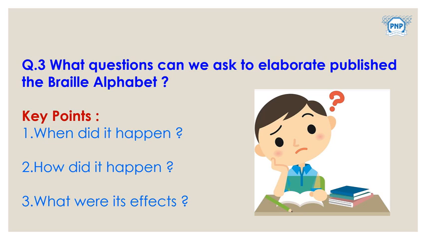He wanted to create a system by which blind people could understand, and even a person who is not blind. What were its effects? Braille spread worldwide. It was very useful for the blind, so spreading worldwide was its effect.